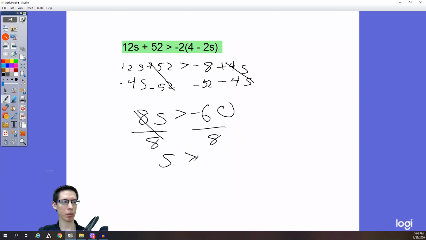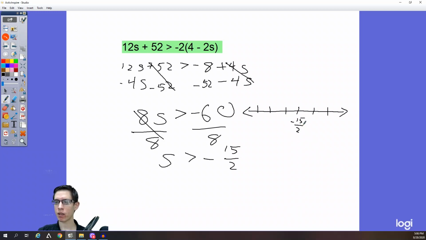s is going to be greater than, both of those are divisible by 4, so let's say negative 15 over 2. Negative 15 halves. This time I'm going to start with the graph. Okay, graph. It's going to look something like this. And just like with the last one, I'm going to put the fraction dead center, the negative 15 halves. Let's see, this is probably a good spot for it.